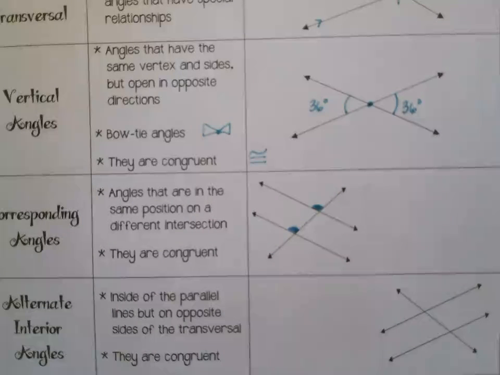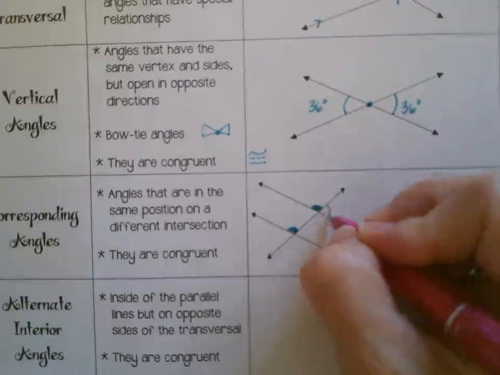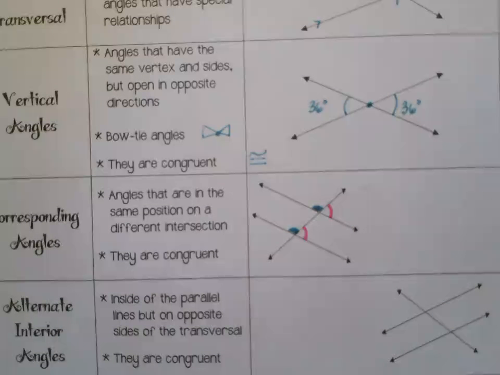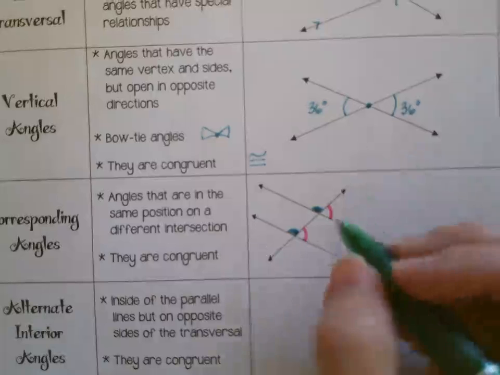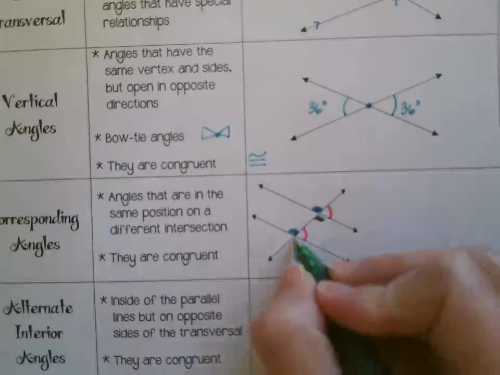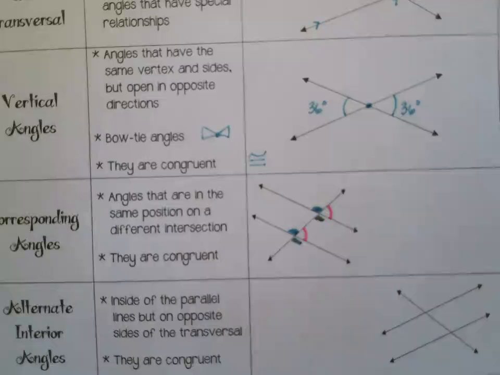All right, I'm going to do some color coding here. This angle out here is on the same corner as that angle right there. And then we have two more sets. So this one down here would match up with this one down there.